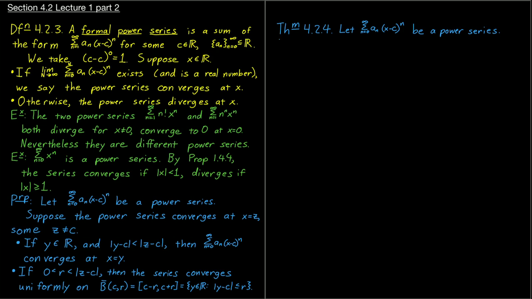Then there is a unique, that is, there is exactly one number R. It's allowed to be 0 and it's allowed to be infinity. So it's what we call an extended real number such that we've got the following things. First, if the distance from x to c is less than R, the series converges.